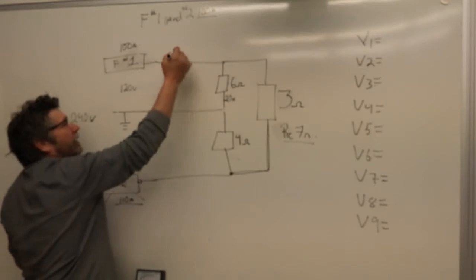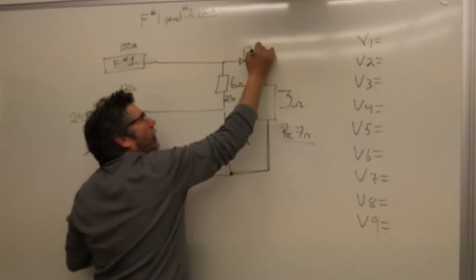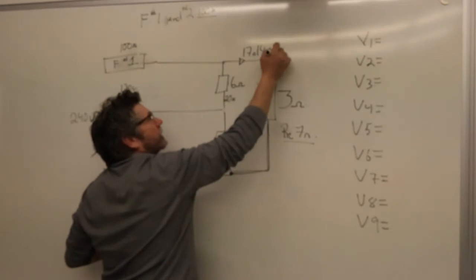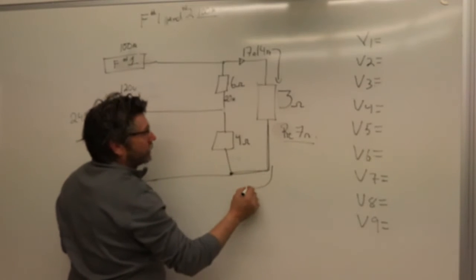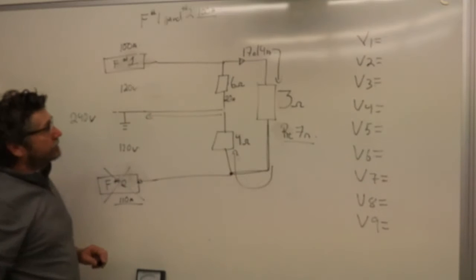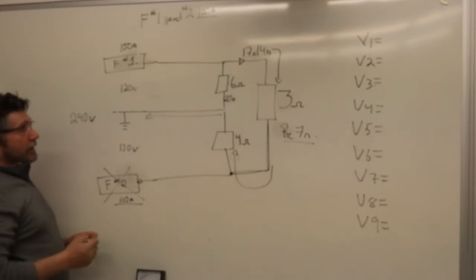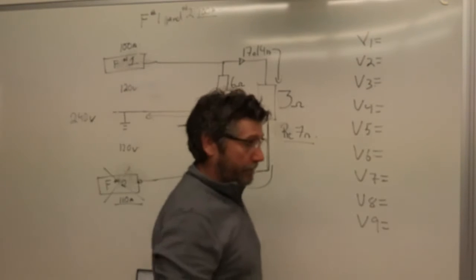So coming out of here is 17.14 amps. It goes down through there, comes down through there, goes up through here, and goes home. Let's do some voltage drops.